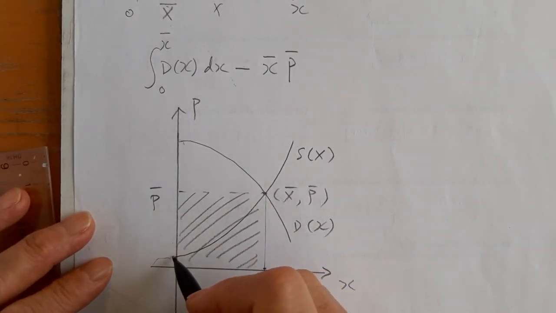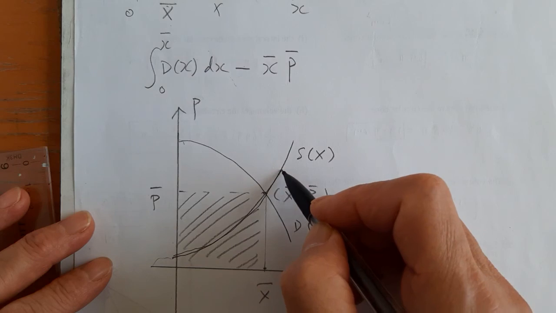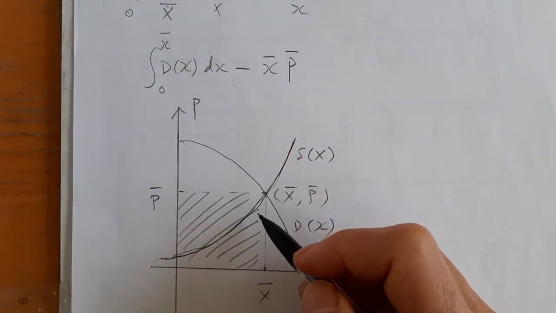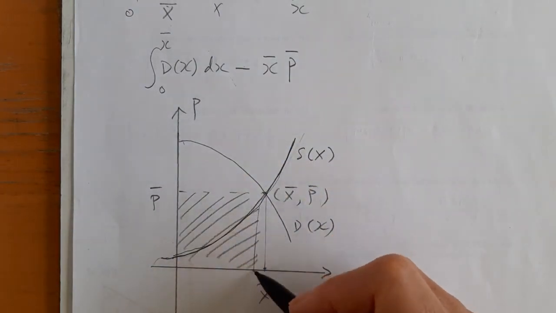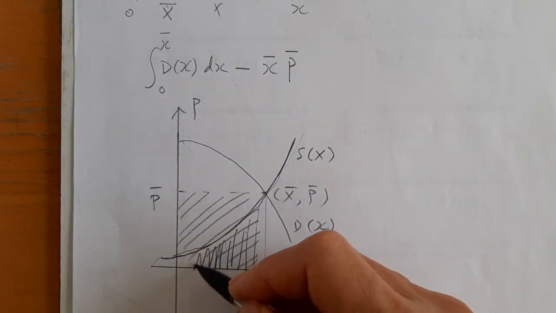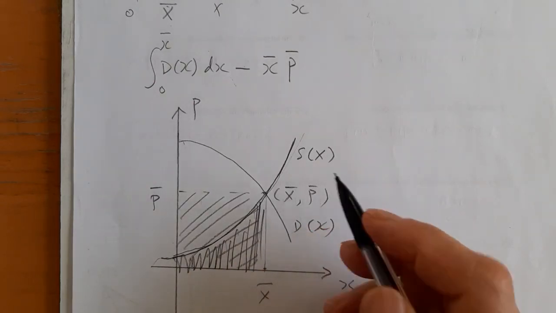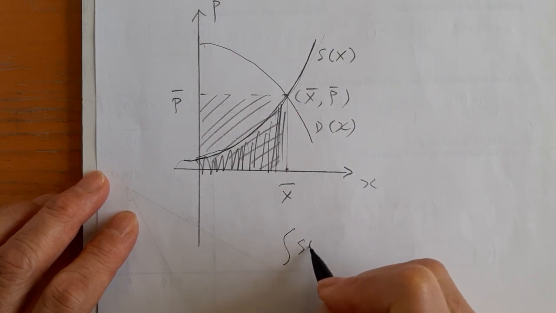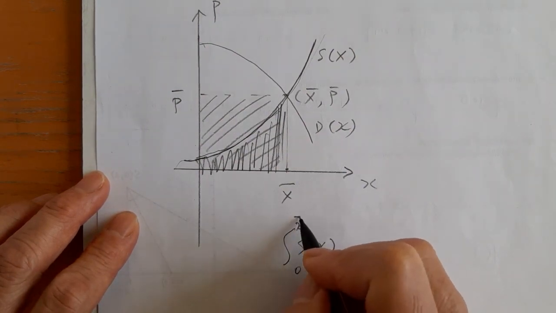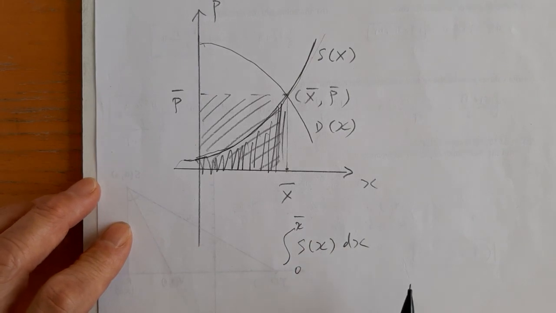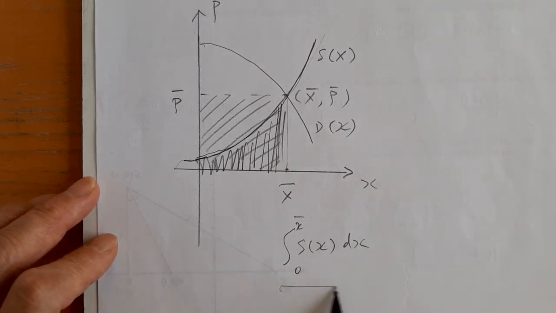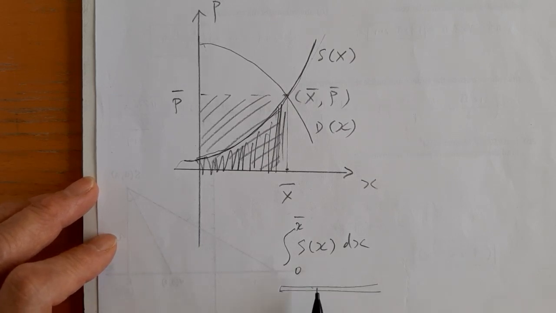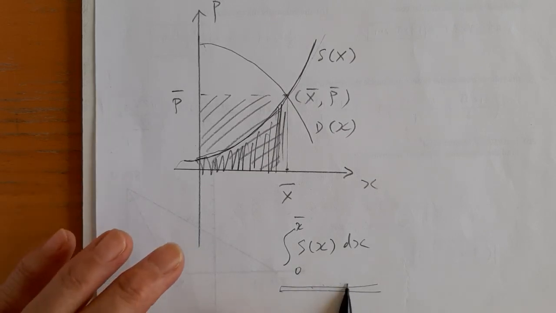Then originally the supply function is this, and this is the area. This area is the integral of s of x from 0 to x bar dx. That's what the supply should sell for, so many dollars.